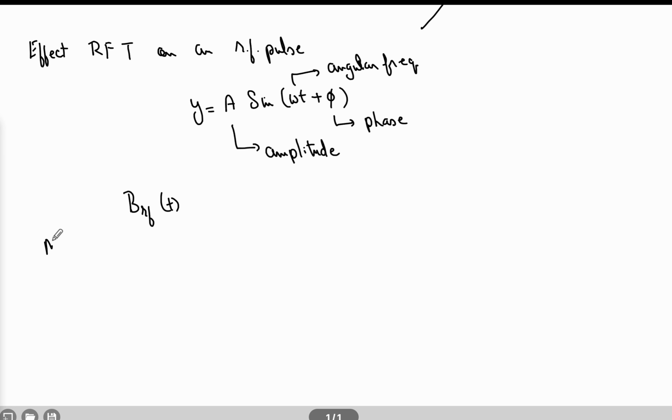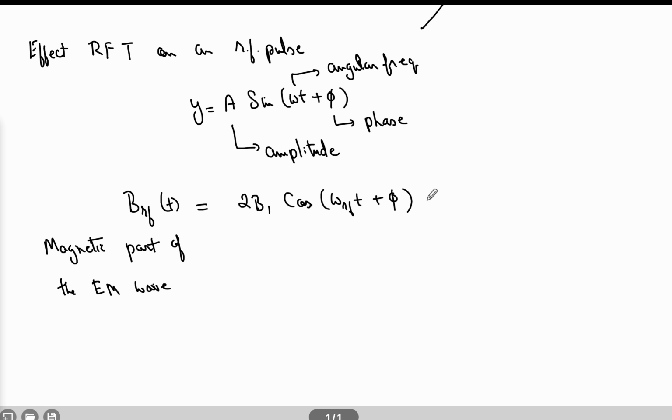Okay, so I will write B_RF(t), this EM wave is nothing but the radio wave, right? Is equal to 2B1, which is the amplitude part, and then the angular frequency part, cos of omega RF t plus phi.